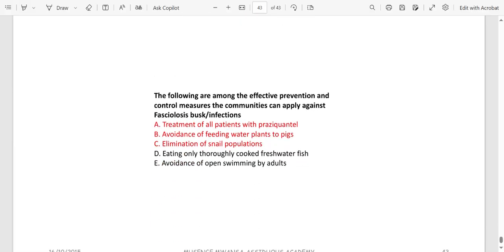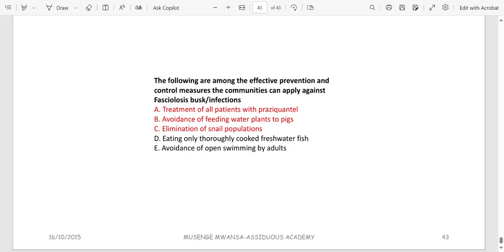Which of the following infection prevention and control measures can the community apply against fasciolosis? Treatment of all patients with praziquantel, avoidance of feeding water plants to pigs.